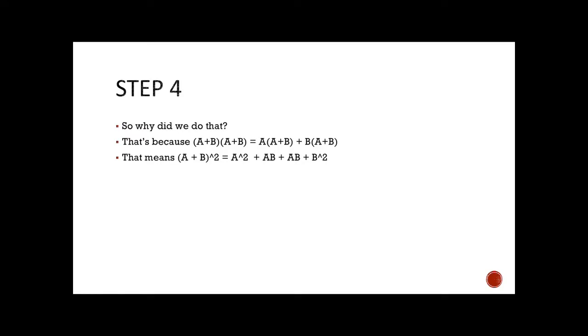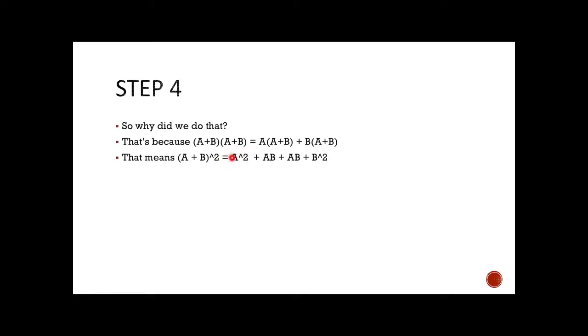So why did we do that? That's because a plus b times a plus b is equal to a times a plus b plus b times a plus b. So wait, what? That's such a jump. Can you explain? Well, it's okay. Because you know how I said the coefficient must multiply the things inside?